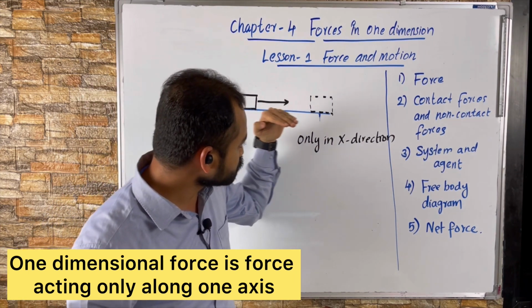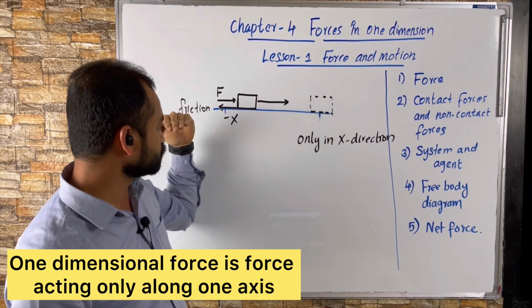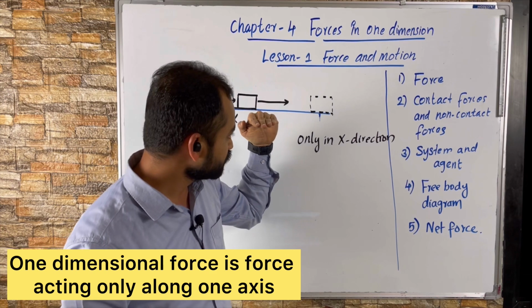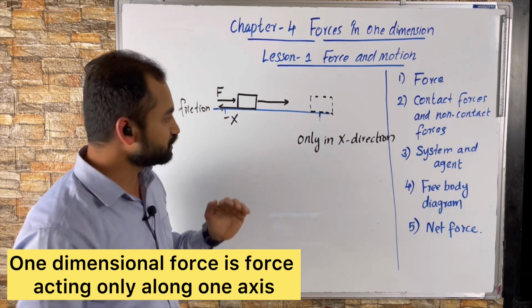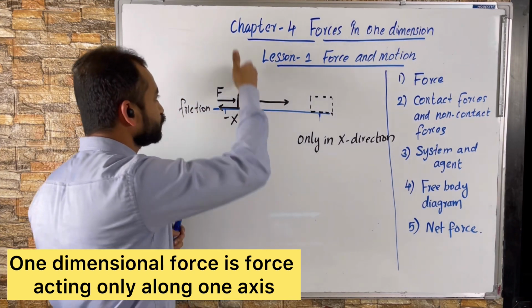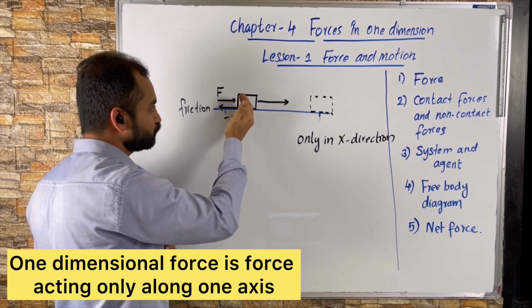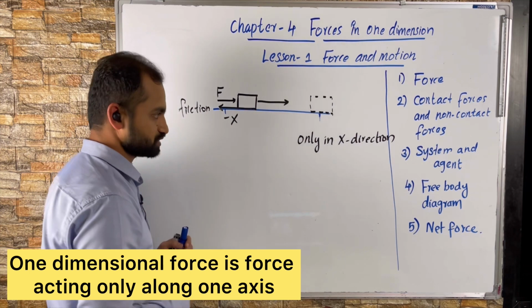We can say like here there are two forces acting. One is in the horizontal direction, other also in the horizontal direction. One is in the positive x direction, other in the negative x direction. There is no force along the y component. There is no force along the z component or z direction.